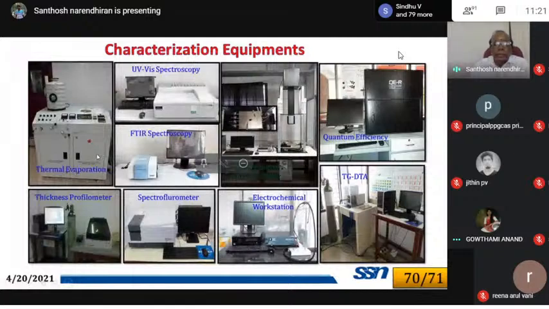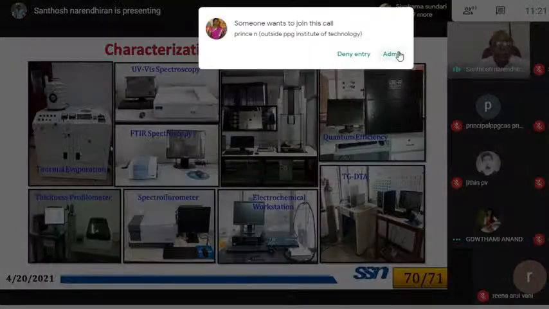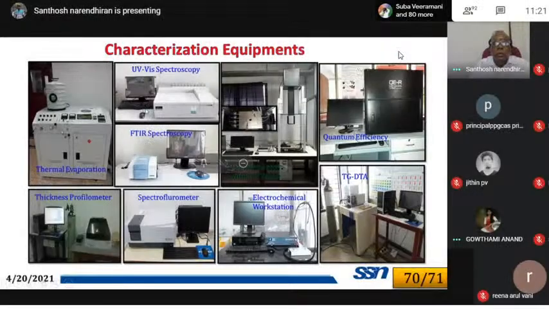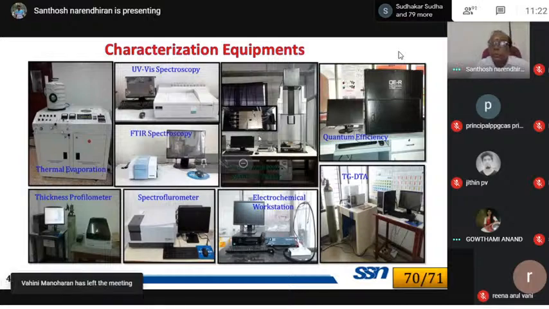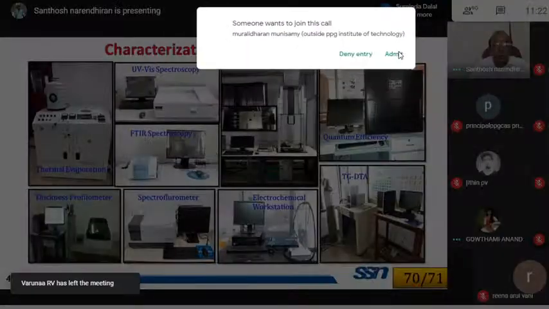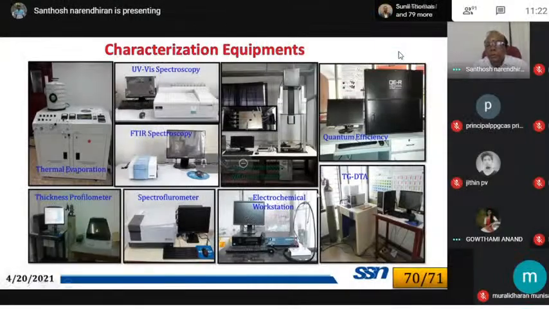For characterizing whatever we synthesized, whatever cell we made, we are making use of these facilities: thermal analysis, FTIR, UV visible. This is our glove box, the solar cell efficiency, PV, quantum efficiency, thickness profilometer, spectrofluorometer, electrochemical workstation, TGDTA.